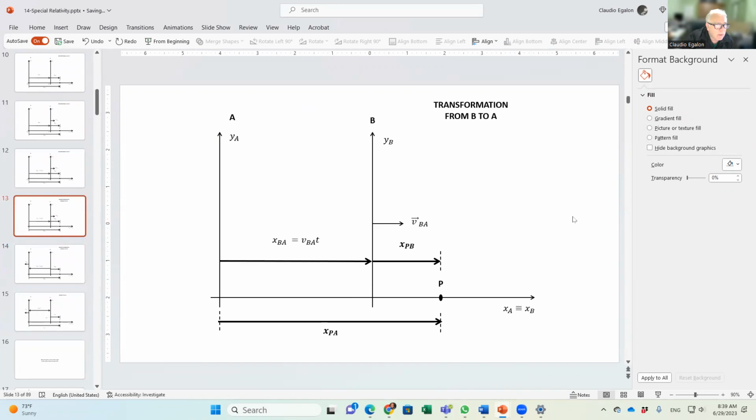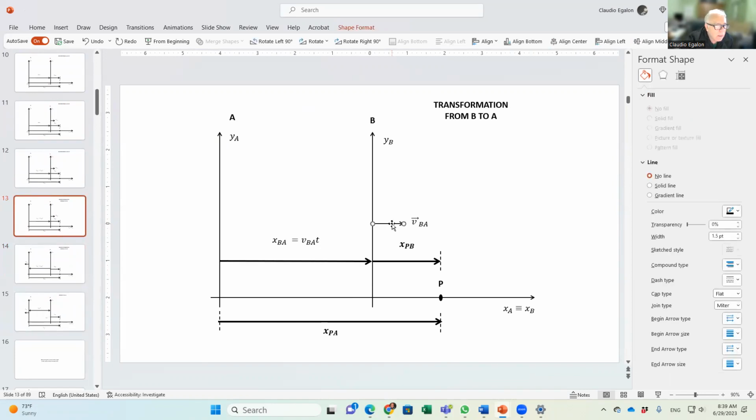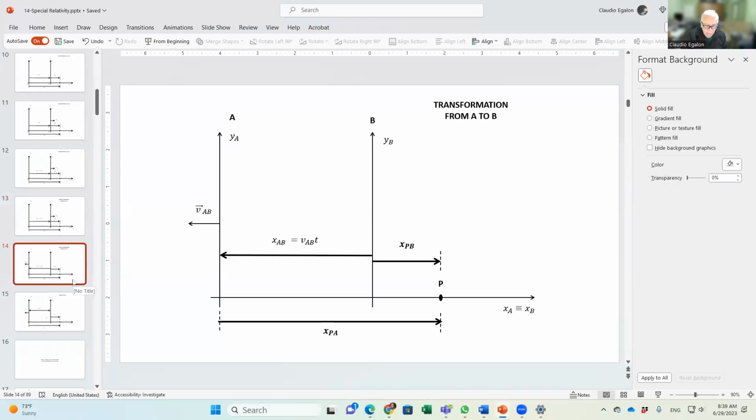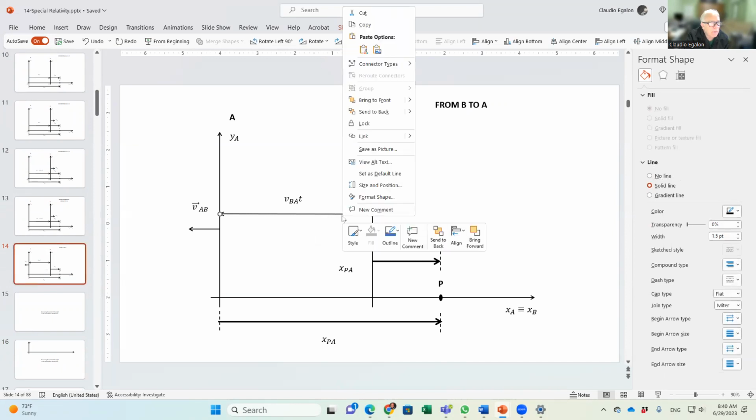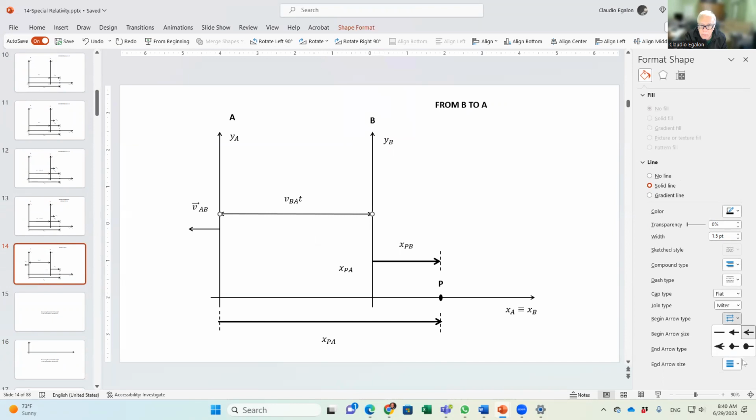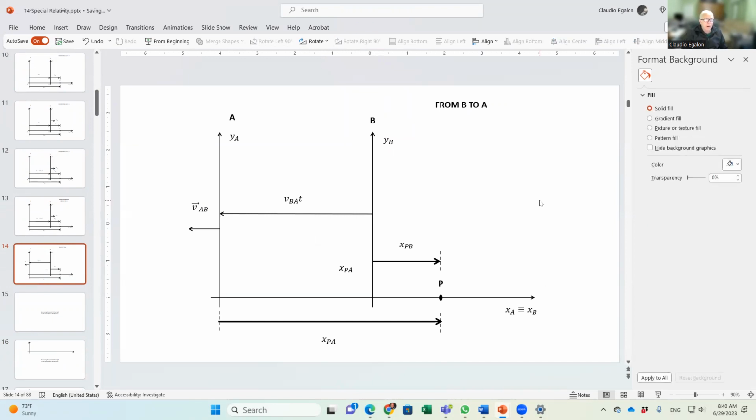I have to do the other transformation. We do not need that. Here you go, here's the other transformation.